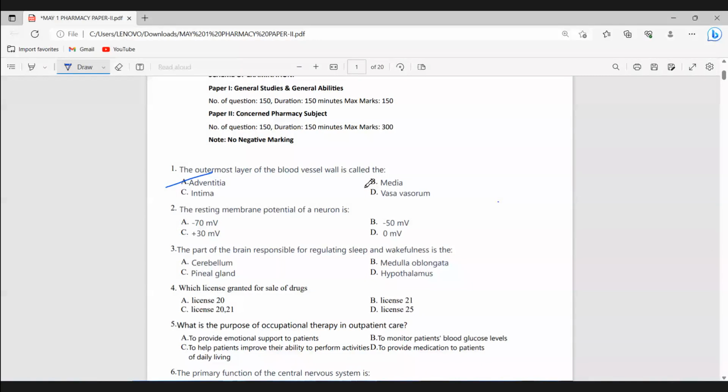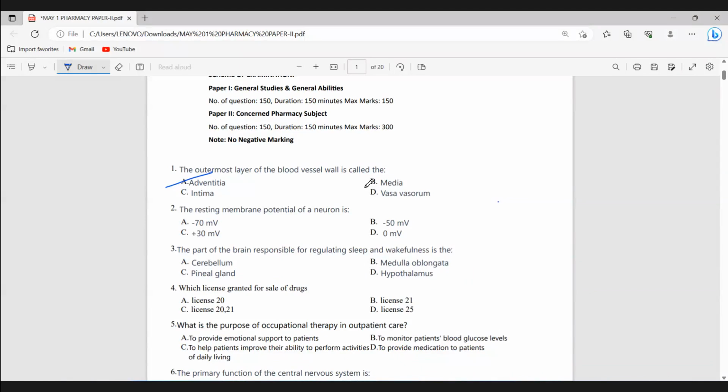Coming on to the function of media. This layer is responsible for regulating the diameter of blood vessel, which in turn controls the blood flow.